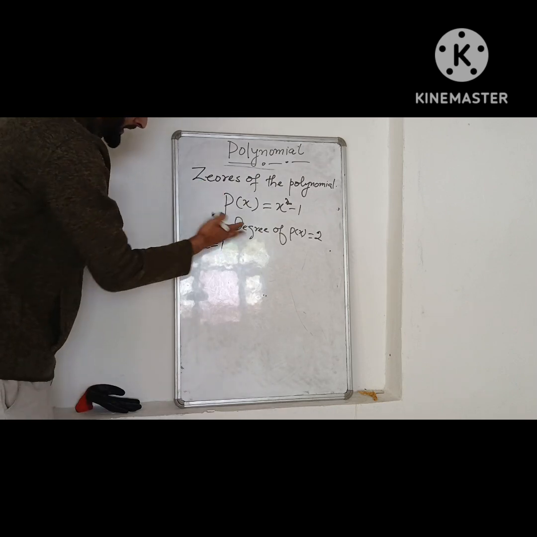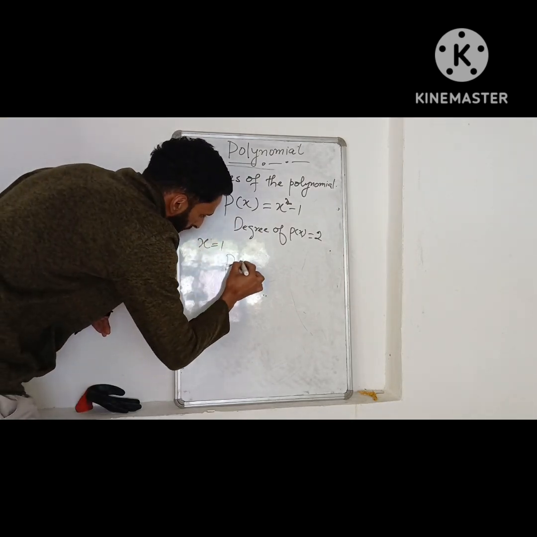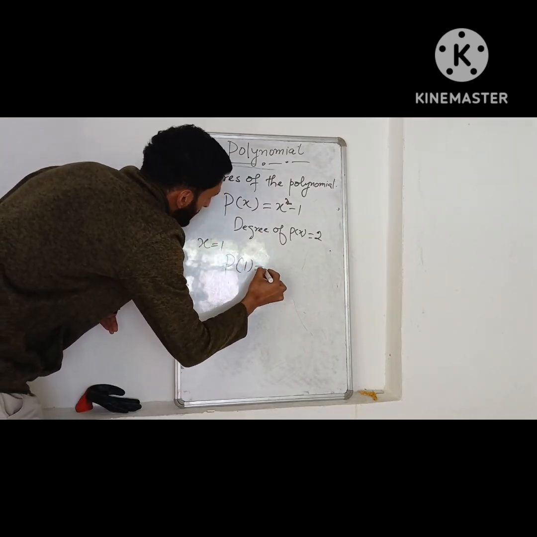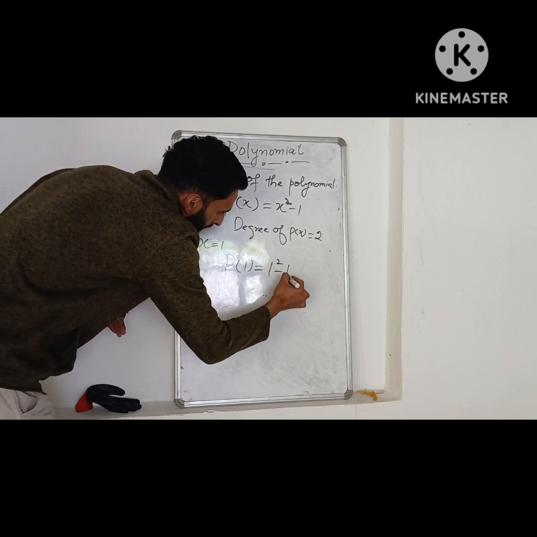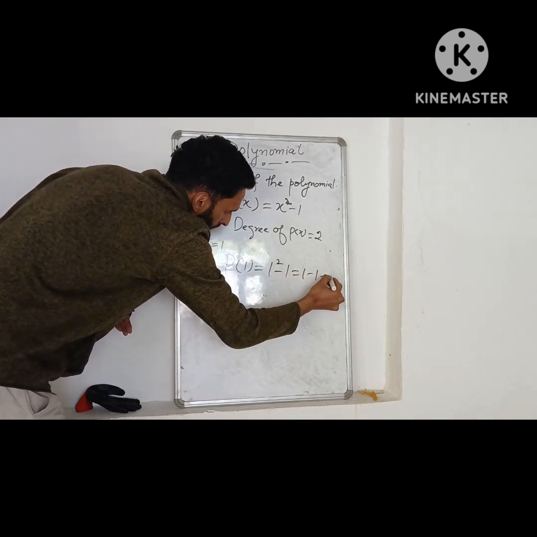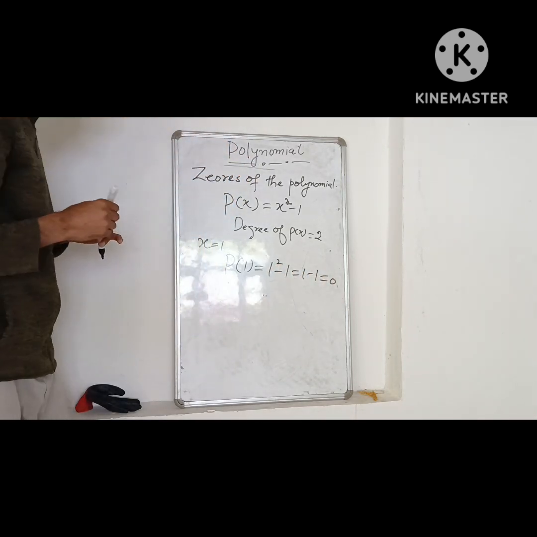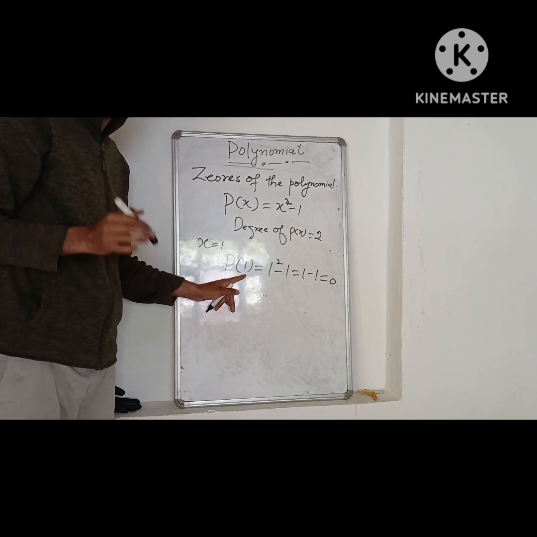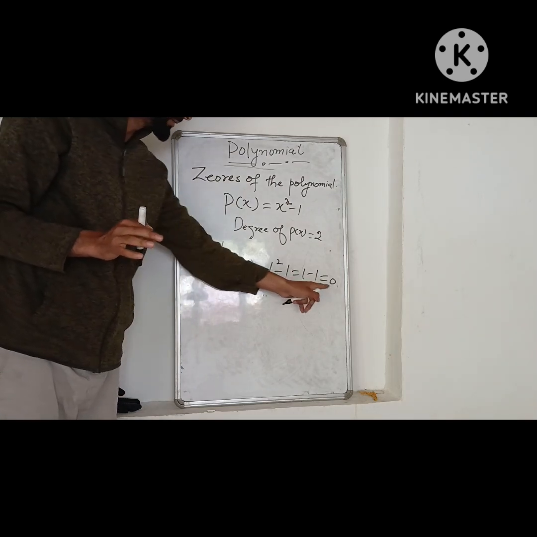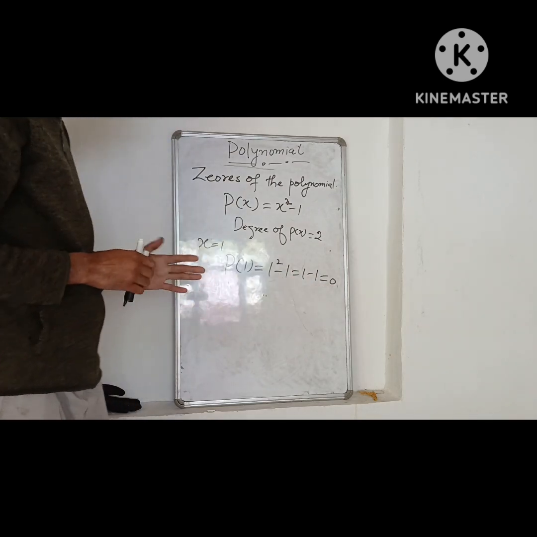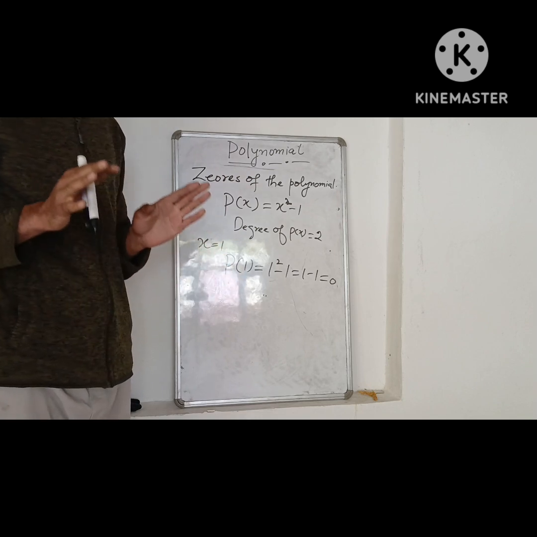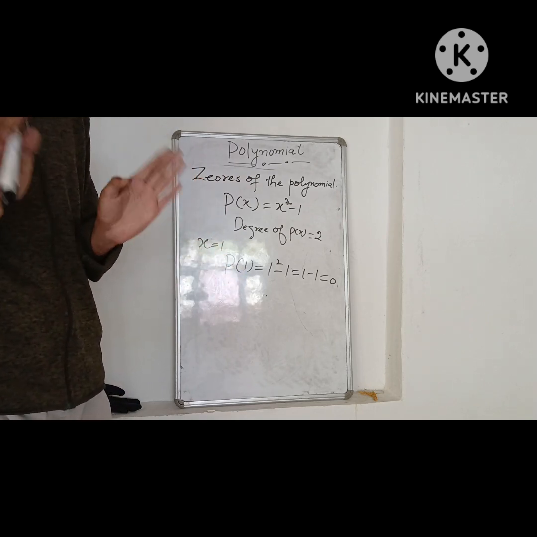I am replacing x with 1. Now p of 1 is equal to 1 square minus 1, which is 1 minus 1, equal to 0. After putting the value in place of the variable, the entire polynomial becomes zero. Such values we call zeros of the polynomial.